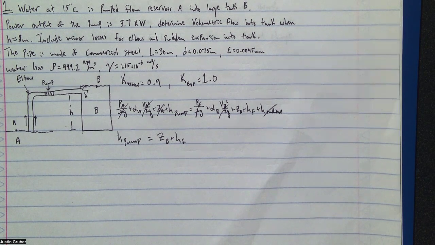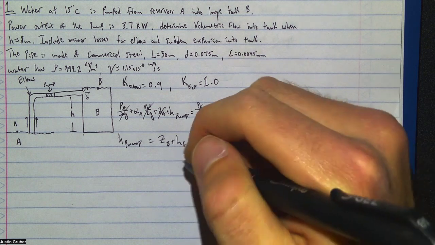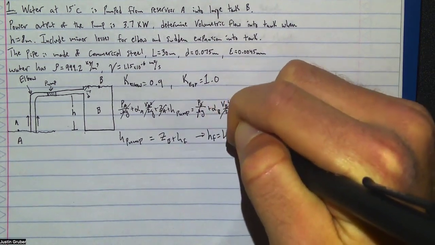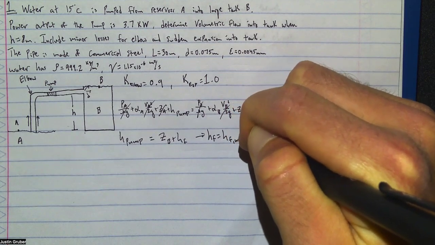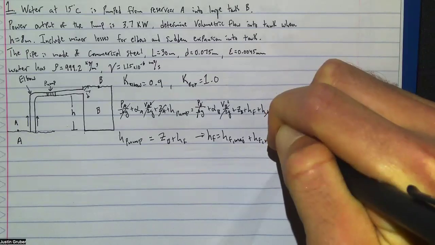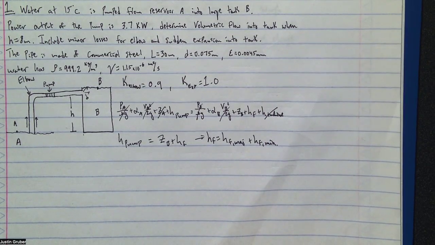In order to calculate HF, our head loss, where HF equals HF major plus HF minor, we need to know some velocity.